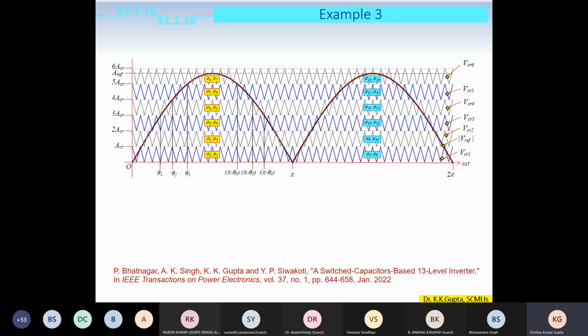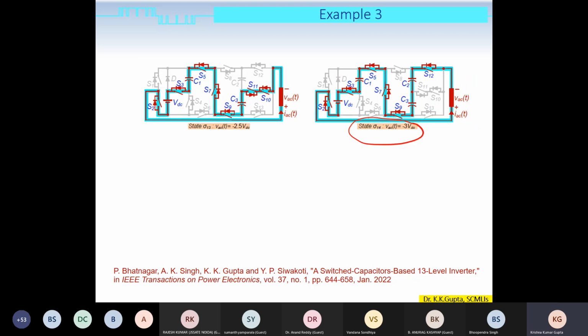Now, I'm going to discuss the approach using which we can modulate this kind of structure. This modulation is important because based on the modulation strategy, we design the capacitors, right? Here I have not told you anything about the values of these capacitors C1, C2 and C3.